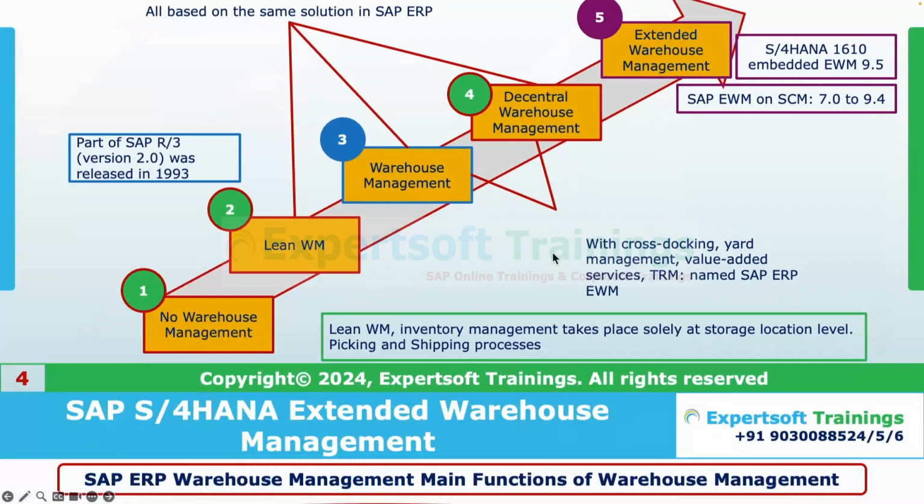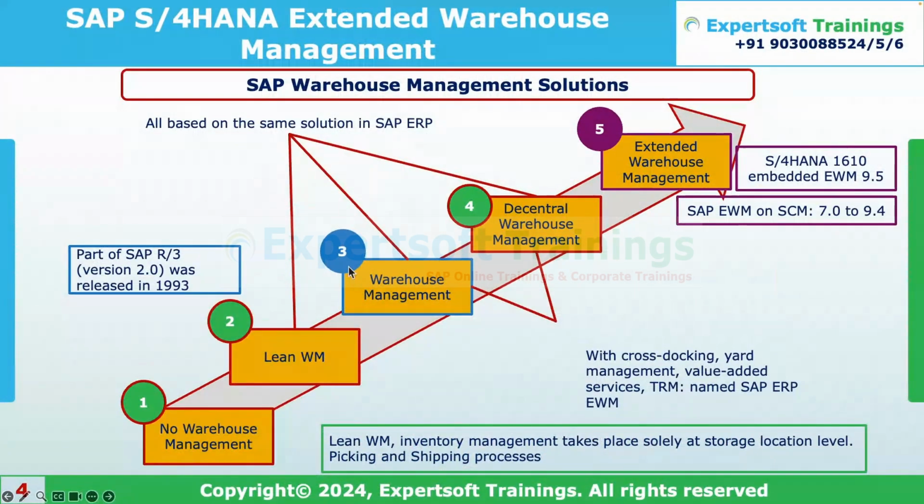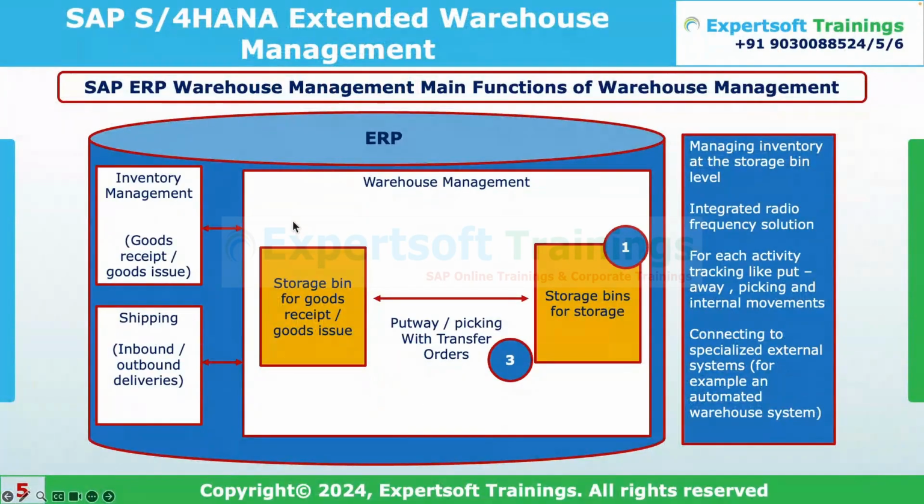So for that, I have prepared this slide. Now here you can see your warehouse management system. We are talking about point number 3, highlighted in blue. Here SAP has introduced the SAP WM module, which is tightly integrated with other modules like PP, MM, SD, QM, and all those modules.